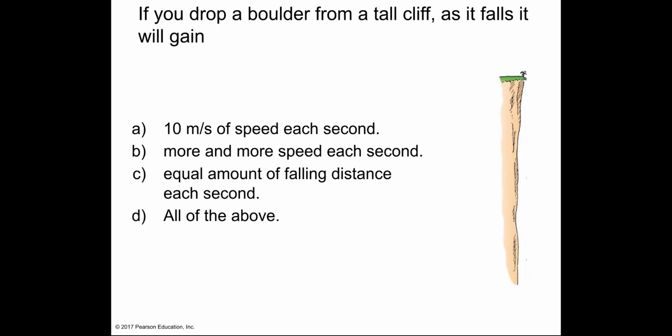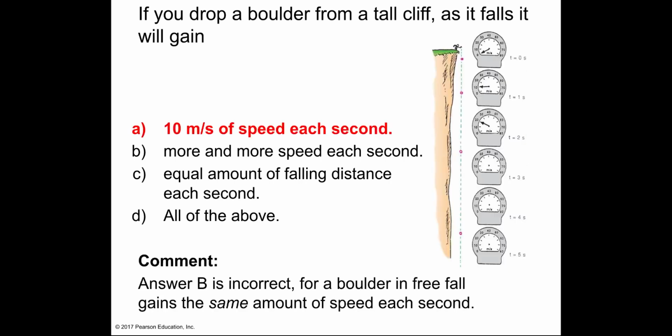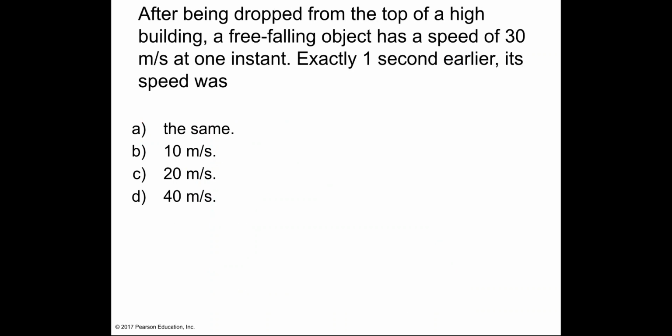If you drop a boulder from a tall cliff, as it falls, it will gain... We've said that if it's a free falling object, then it's going to gain 10 meters per second per second. After being dropped from the top of a high building, a free falling object has a speed of 30 meters per second at one instant.